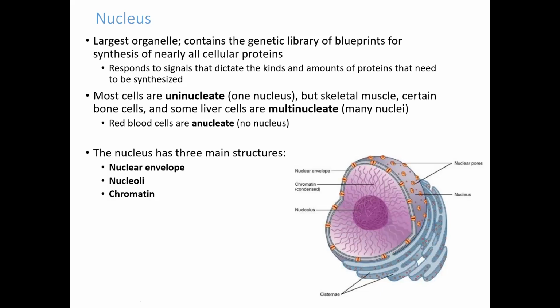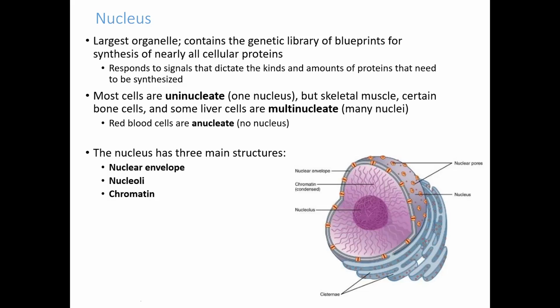What happens is when skeletal muscle cells are forming when we're in utero, they're formed through the fusion of a lot of smaller cells, and they all kept their nucleus. So we do have some cells in skeletal muscle and in the liver that have multiple nuclei. And we also see red blood cells are what we call anucleate.